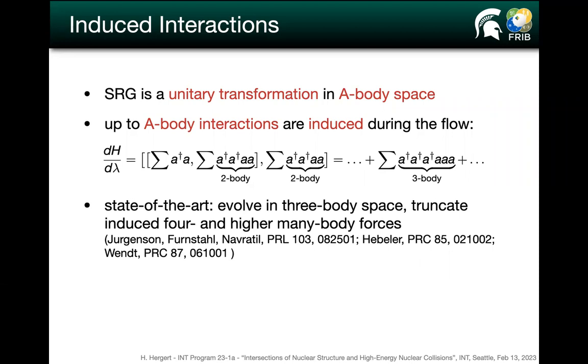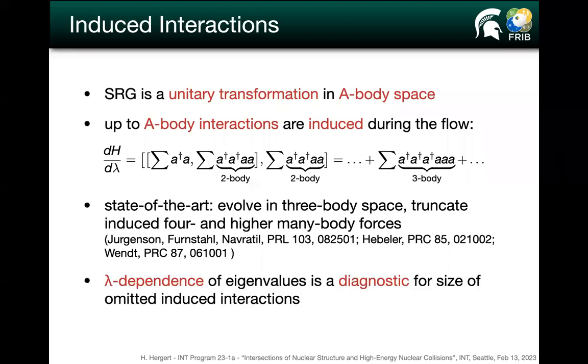No one wants to handle them. No one in their sane mind, I should say. So we truncate them off, which in principle leads to a violation of the unitarity. And that needs to be tracked and quantified, ideally. The state of the art is that nowadays evolutions are done in three-body space, which I want to say captures the bulk of the unitarity, and then induced four and higher many-body forces are truncated.